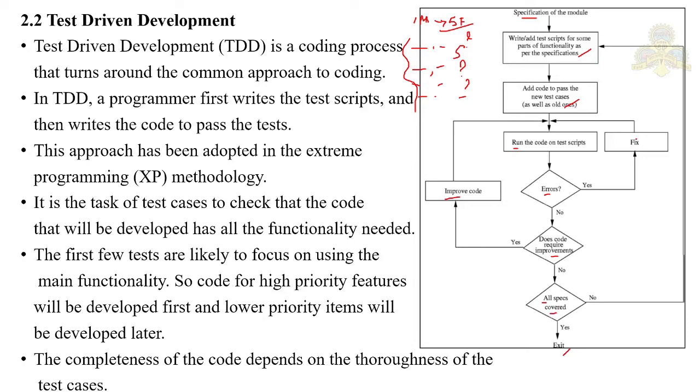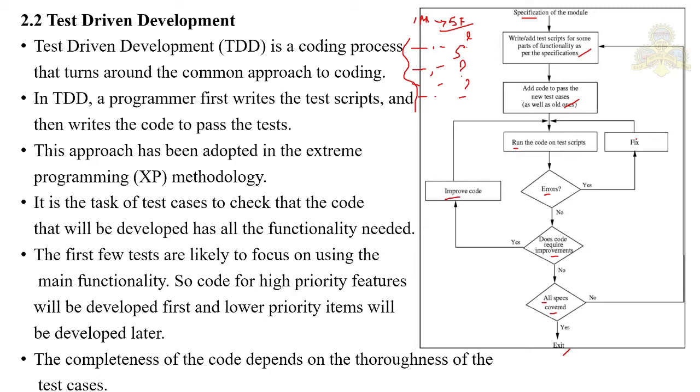Test-driven development is adopted in the extreme programming methodology, that is XP. Here the first test cases they write are for the main functionality. So the code for the higher priority features or the main functionality is covered first, then the lower priority items will be taken. The completeness of the code depends on the thoroughness of the test cases.